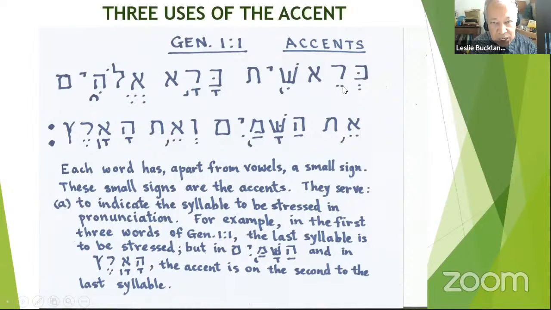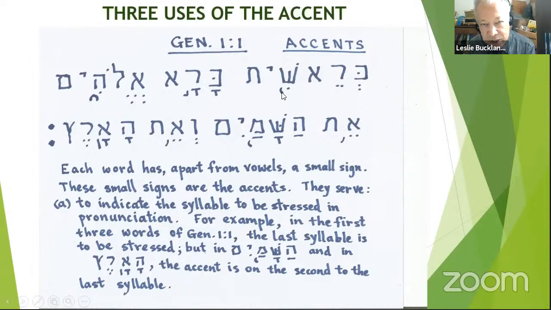What we see is that the accents have different shapes. It is not just an arrowhead. In fact, the closest that comes to an arrowhead in this verse is this one right here. But it's not shaped like what we saw in the previous screen.